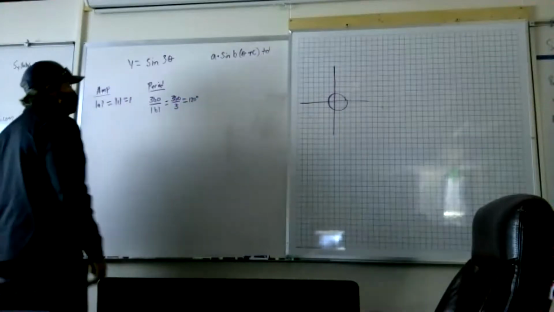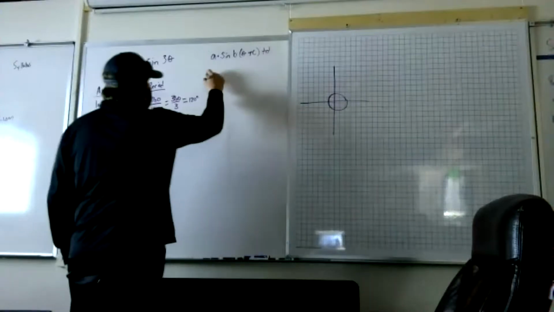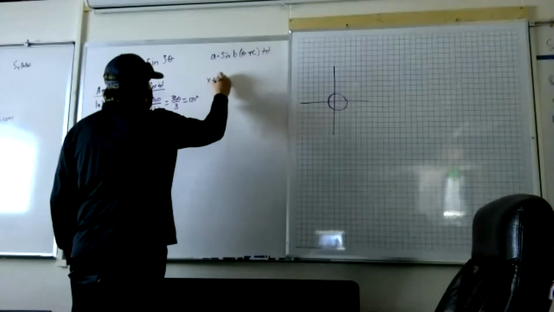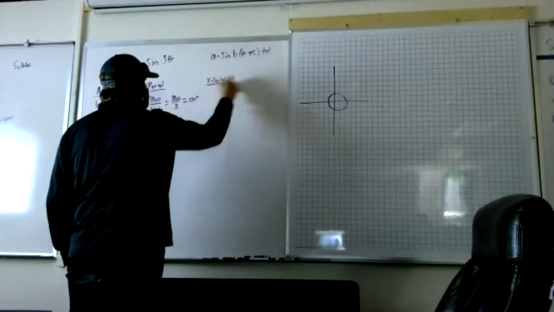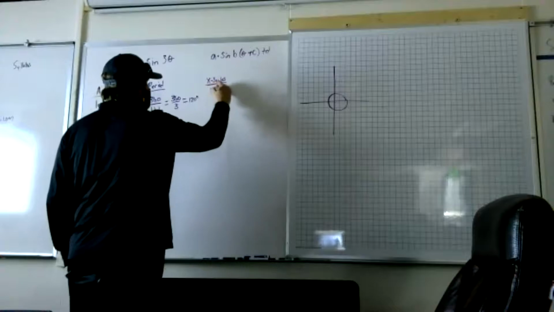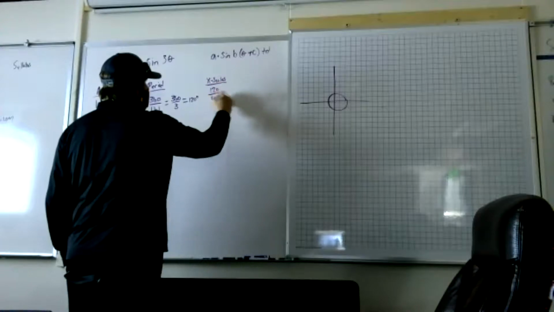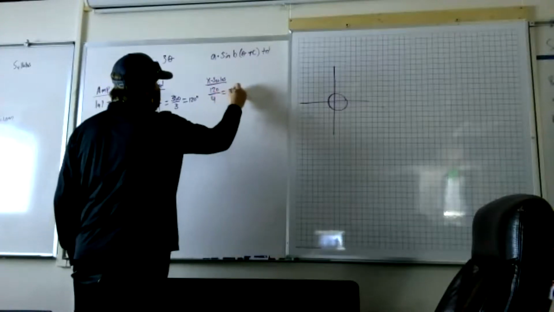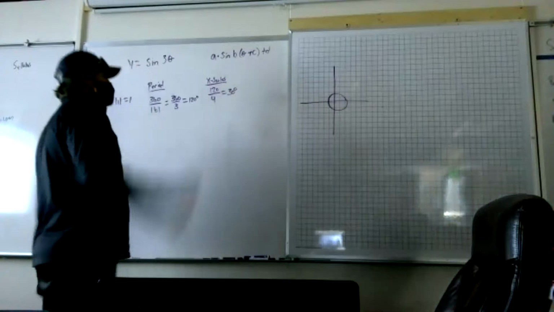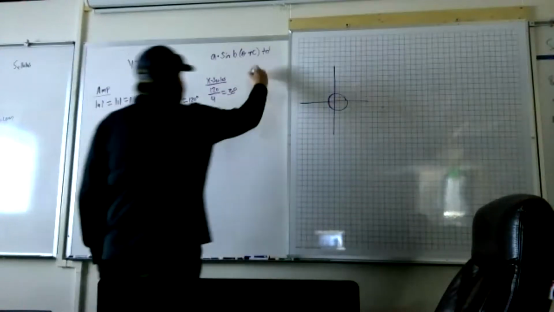That is your period. The x scales: take the period you just found, 120 degrees, divide that by 4, and you get 30 degrees. That's the location of your critical points.